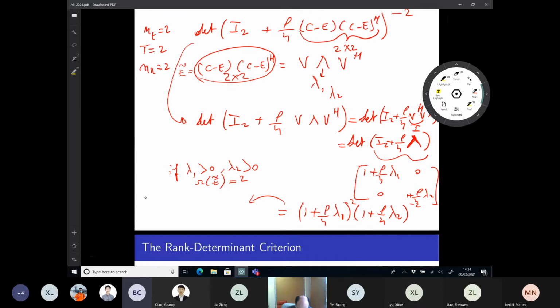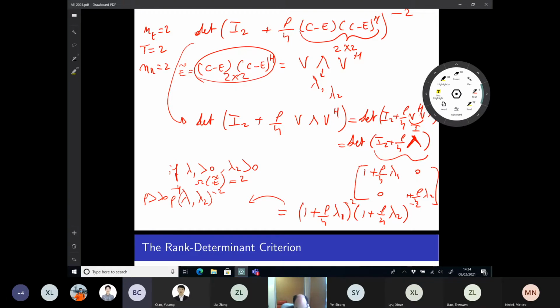Then at high SNR, if rho is very large, I'm going to have roughly lambda 1 multiplied by lambda 2 multiplied by rho to the power minus 2, rho to the power minus 2, so I have rho to the power minus 4. This is what it means.